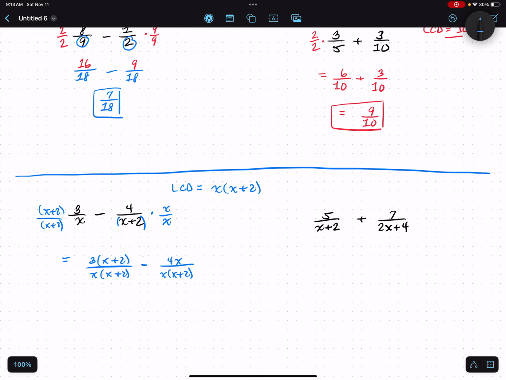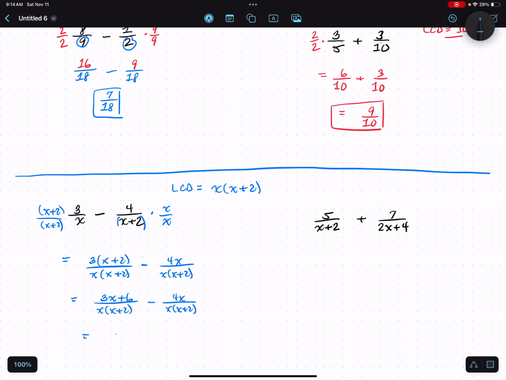Now remember why you did everything. It is very tempting at this point to cancel out the common factors, but remember that the reason why we wrote it this way was so that we could combine the fractions. So I'm going to write this as 3x plus 6 over x times x plus 2 minus 4x over x times x plus 2.